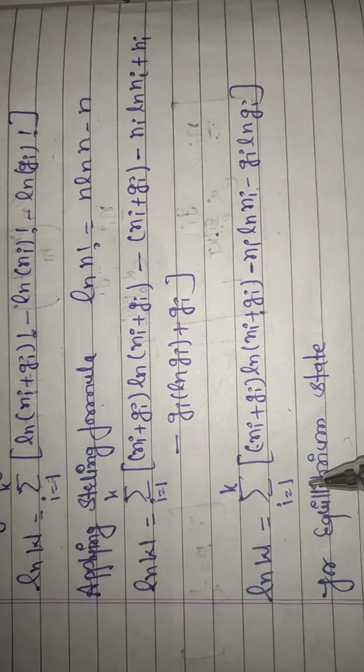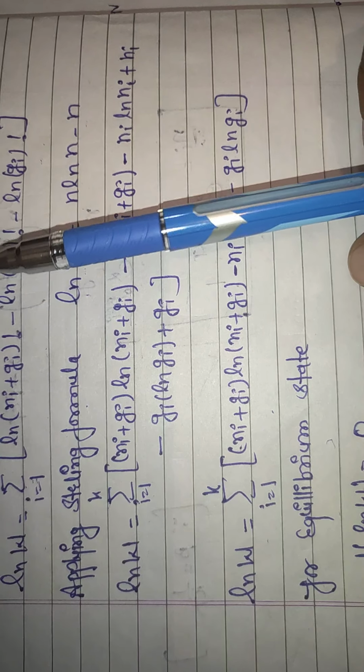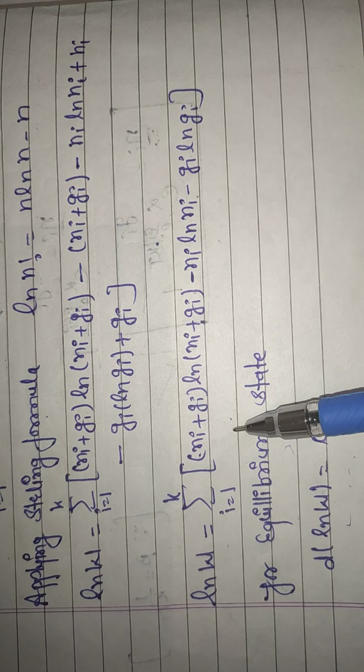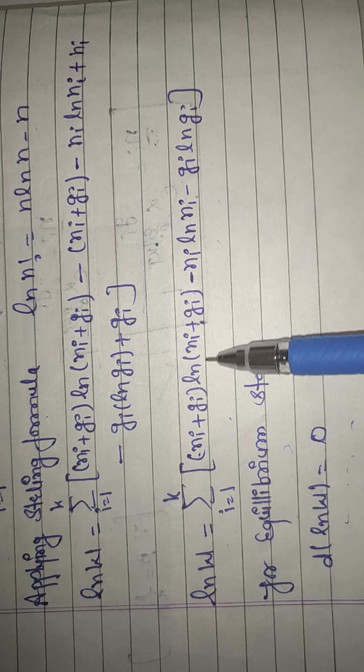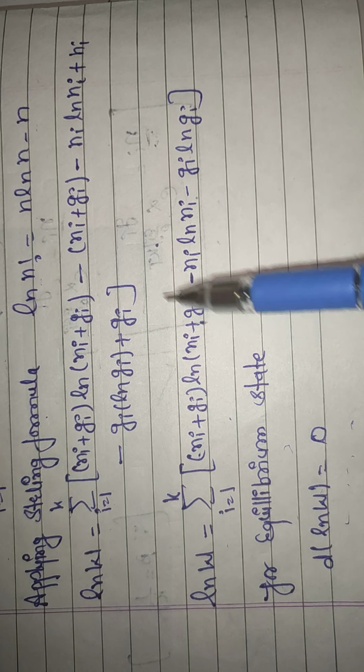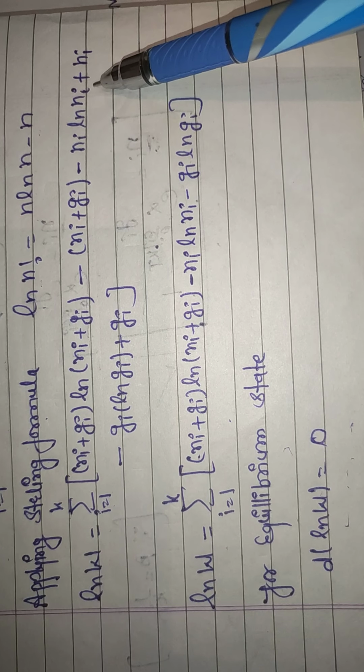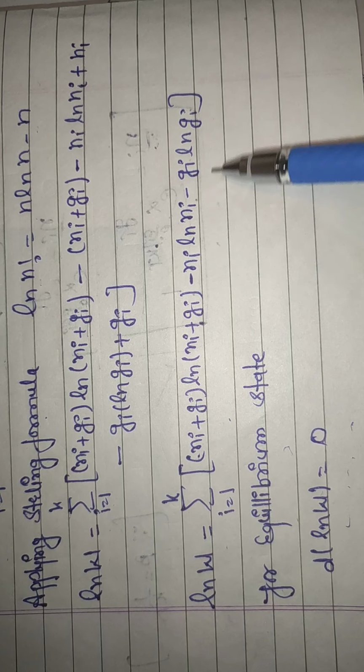Next, solving it, logarithm of W is equal to summation of i equals 1 to k (ni plus gi) logarithm of (ni plus gi), as ni and ni got cancelled out, we're left with this equation.